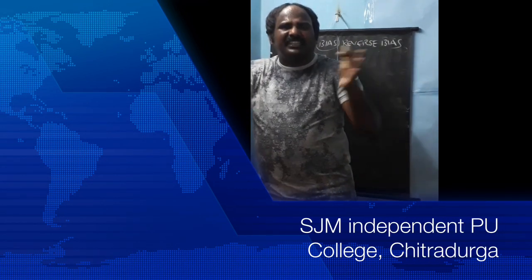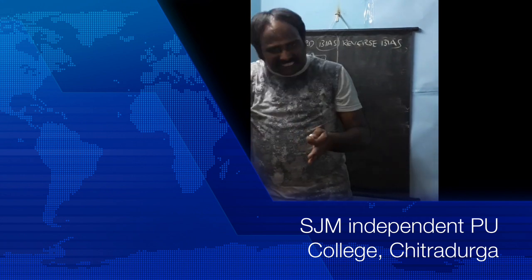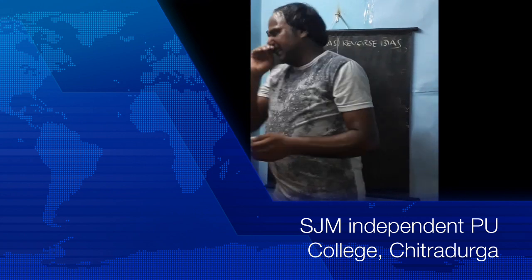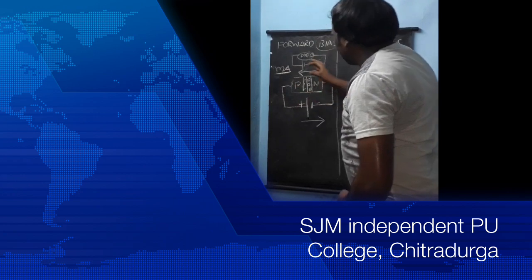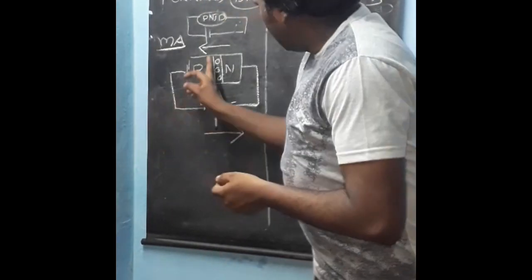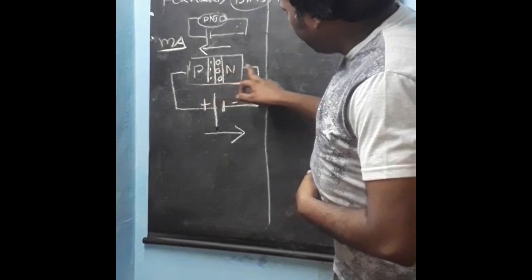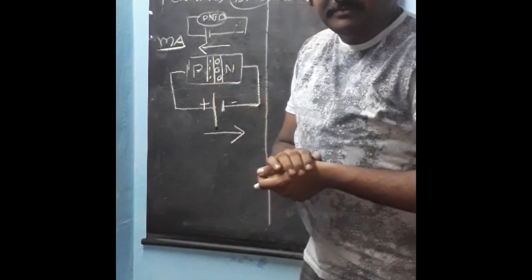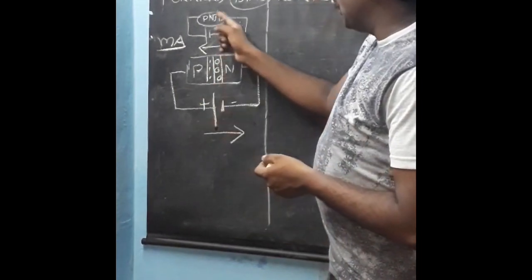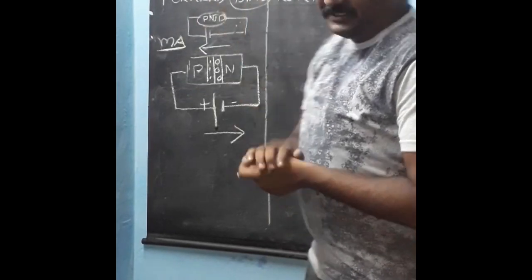As the flow of current is more, resistance is less. In such a way, the semiconductor diode works in forward bias. In forward bias, the P type is connected to the positive terminal and the N type is connected to the negative terminal. That is what we call forward bias.